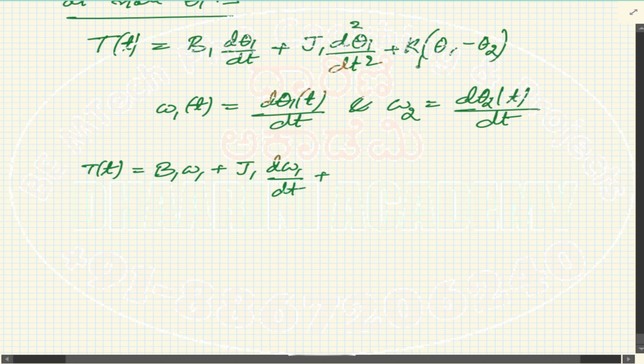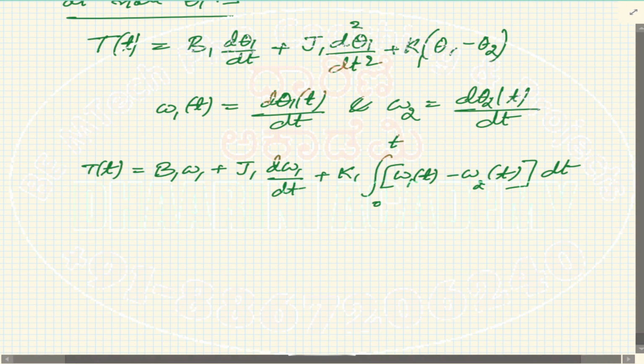I think this is K1, I'll update. So this is K1 into, it's just theta, so from omega if you want to get back to theta you should integrate, so this is integral 0 to t of omega 1 of t minus omega 2 of t dt, right? This is the equation number.